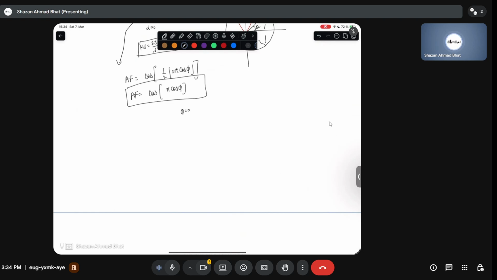So when phi equals 0, this will be 1, so you have cos of pi. How much will that be? You need to take the magnitude, so for phi equals 0, you have the AF equivalent to 1. For phi equals 90 degrees, you have AF again equivalent to 1.